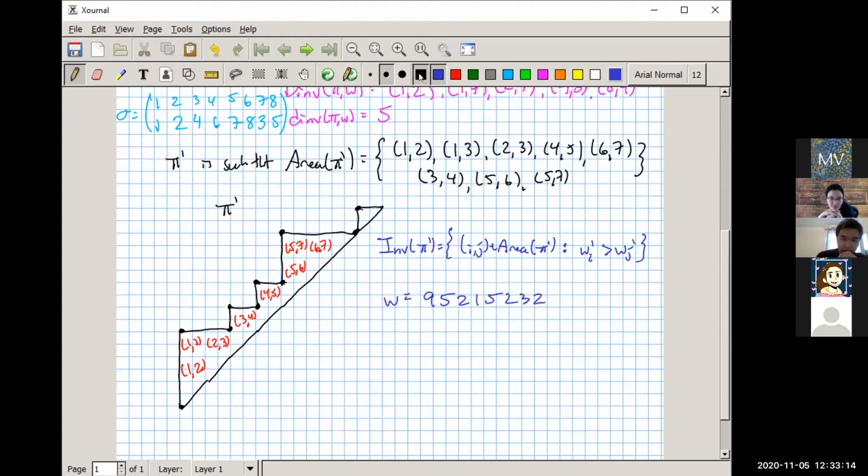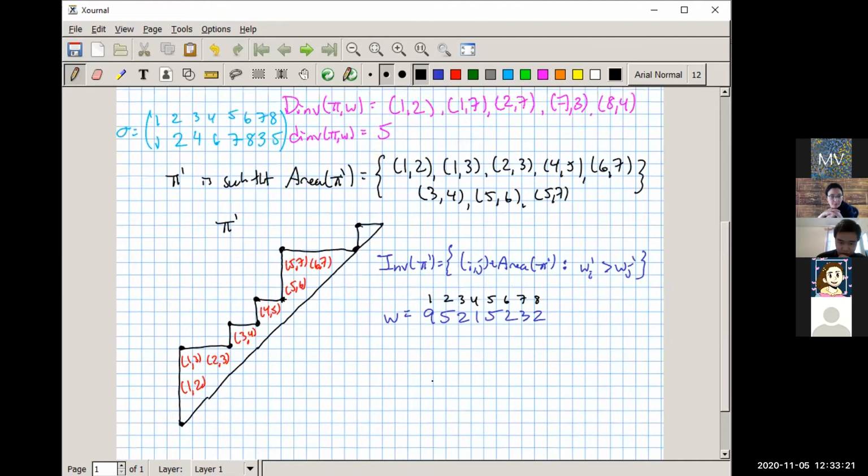And then I should write these. Do you want me to write 1, 2? Not necessarily, just draw a little braid diagram, like a little straight line coming under the 9 and coming under the 5. Okay, that sounds good. 7, 3, 8, 5, something like that.